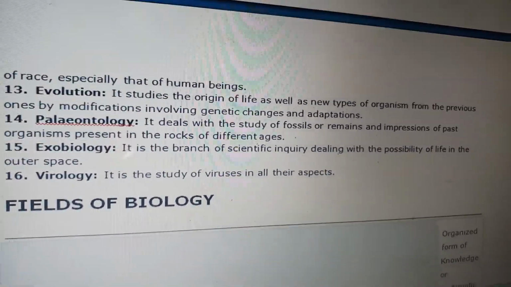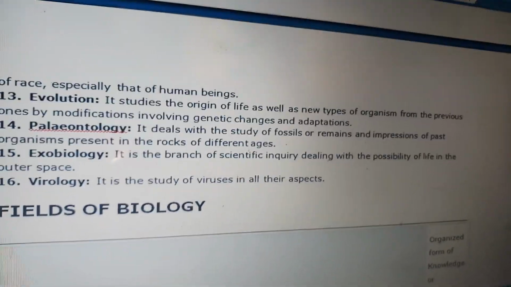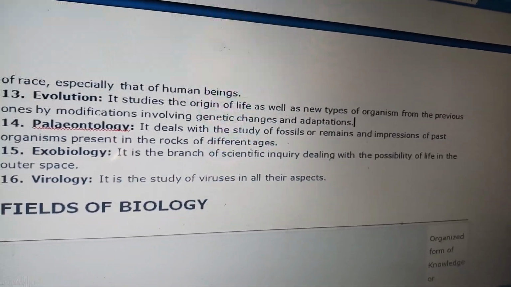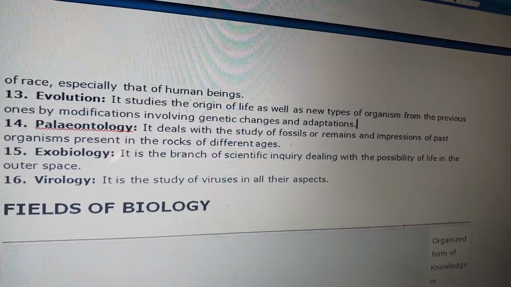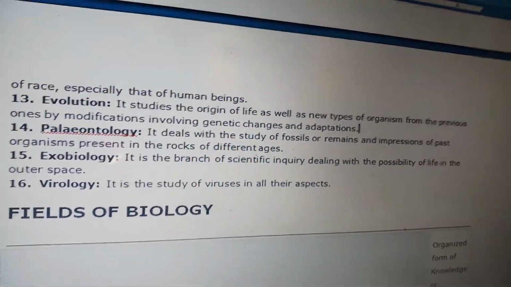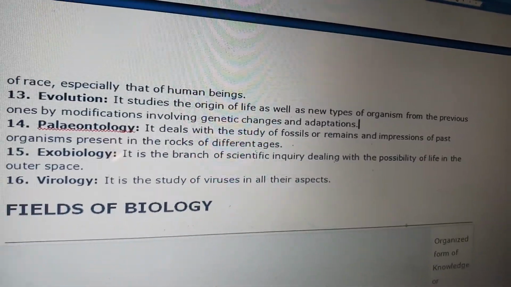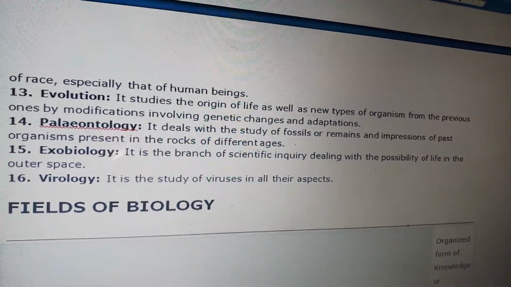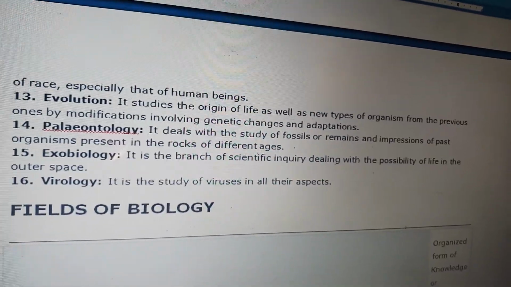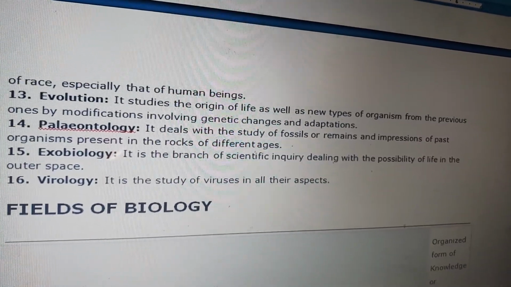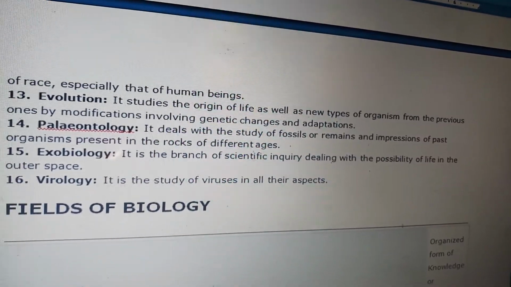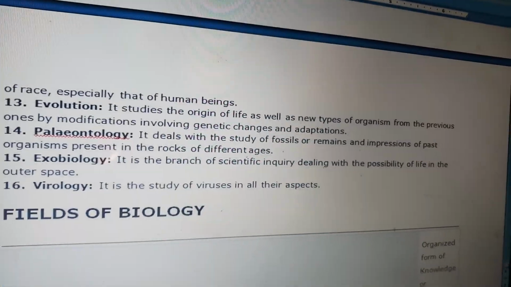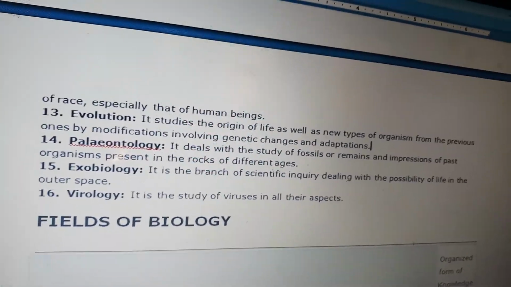Another virus you can name is HIV, human immunodeficiency virus, that leads to AIDS, that is acquired immunodeficiency syndrome. Our common cough and cold are caused by viruses. So all these viruses are studied under virology. Virology is the study of viruses in all their aspects.